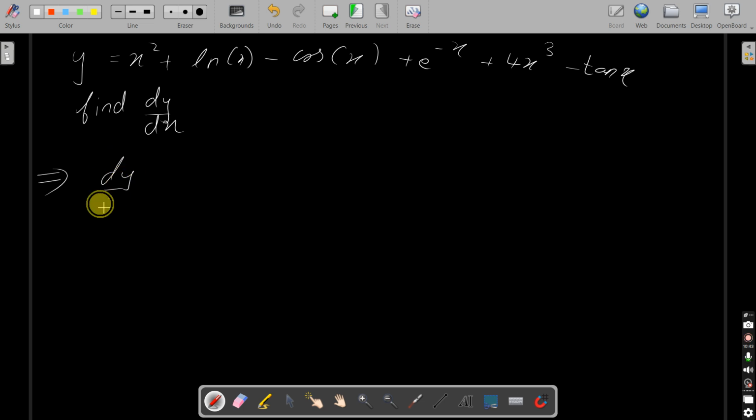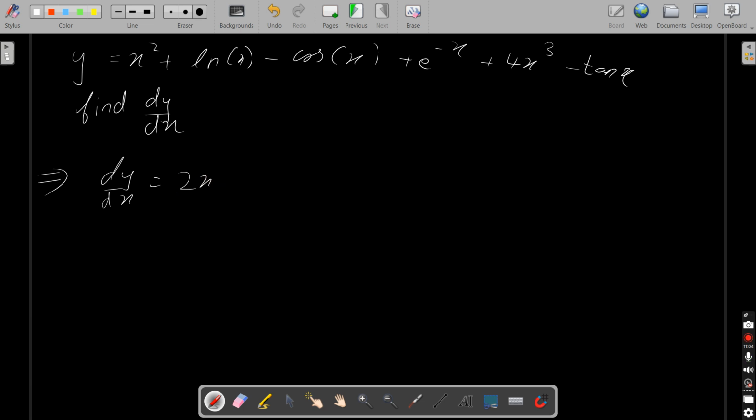So dy by dx will be 2x, and x to the power n minus 1. Here 2 is the n and x is x. So 2 comes here, 2x, and 2 minus 1 becomes 1.